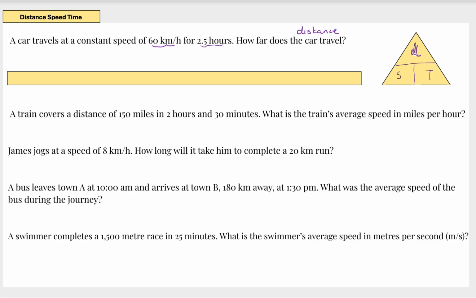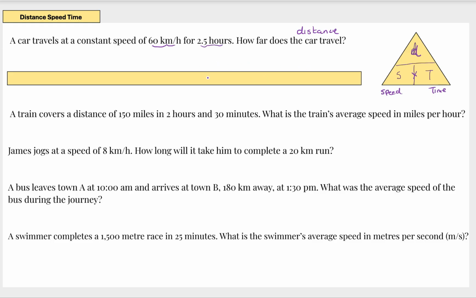So to find the distance, what you need to do is cover that up with your thumb. And then all you're left with is speed and time. And when it's speed and time, this means to multiply.